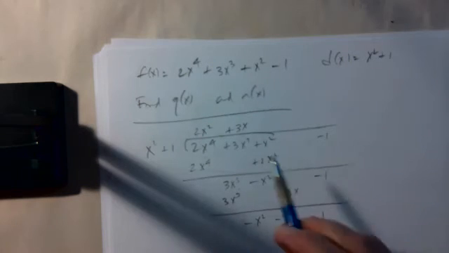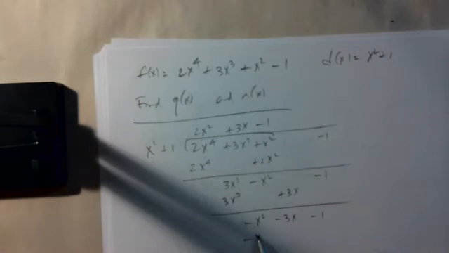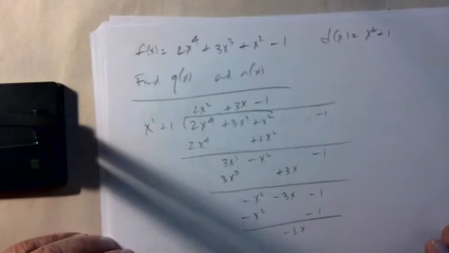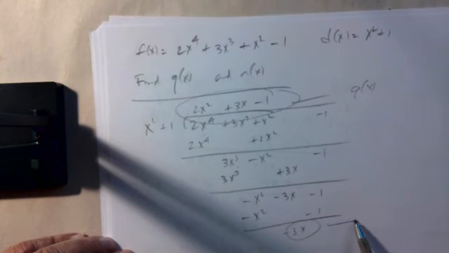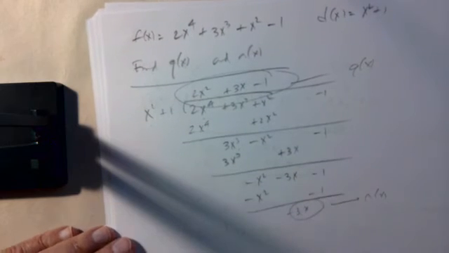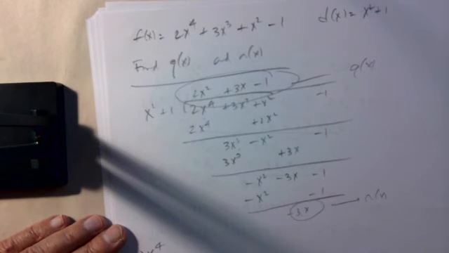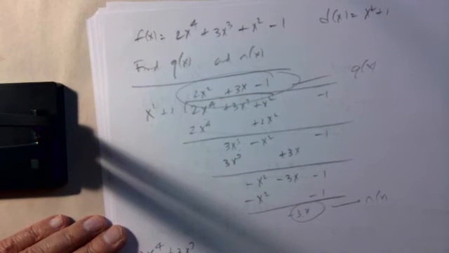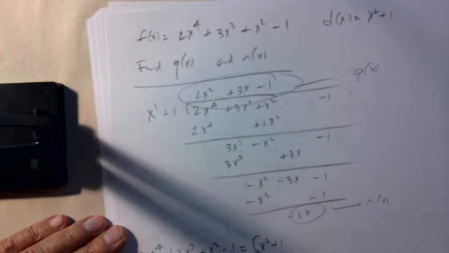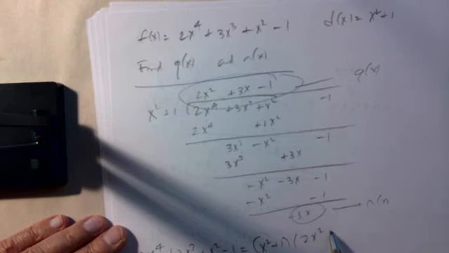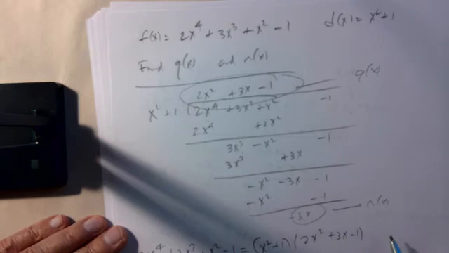X squared plus 1 goes into this minus 1 times. I get minus x squared minus 1. I subtract, I get minus 3x. And x squared plus 1 doesn't go into that. So this is my quotient, and this is my remainder. So 2x to the fourth plus 3x cubed plus x squared minus 1 is x squared plus 1 times 2x squared plus 3x minus 1 plus this remainder of minus 3x.